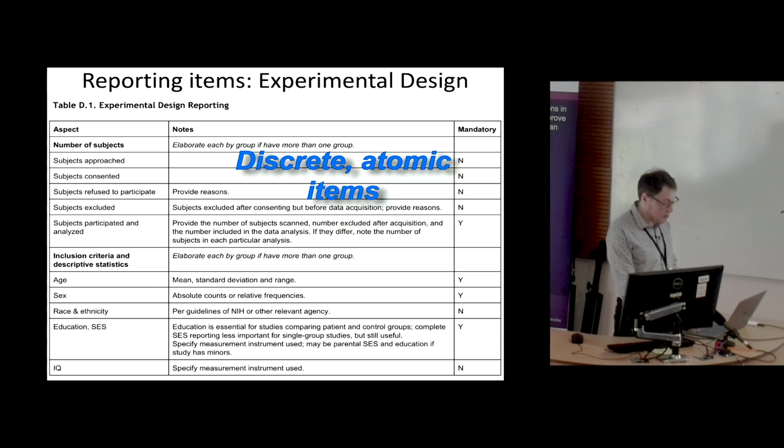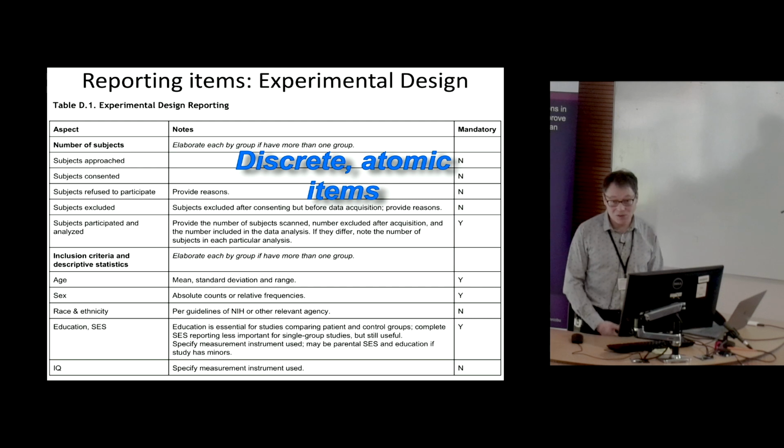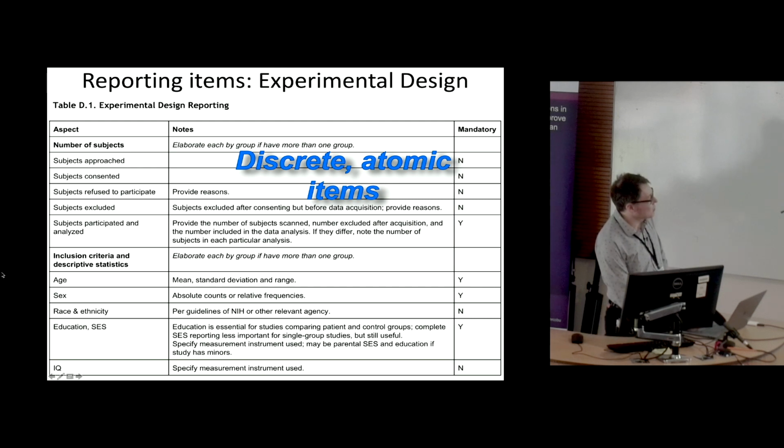It's based on these really boring, exhaustive tables of things that most people probably wouldn't report. Do you want to report the number of subjects you approached? Probably not in a lot of cases, but if you want to be really exhaustive, you put the number of subjects consented, and people who refused to participate. It's really a thought process. And the things that are marked yes are the ones everyone can agree we really should include.